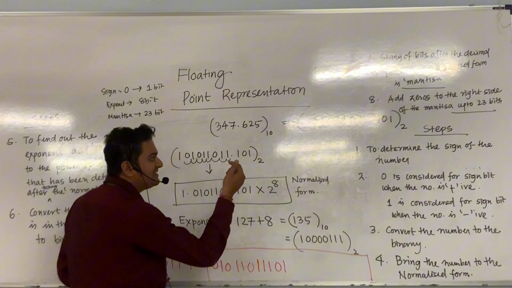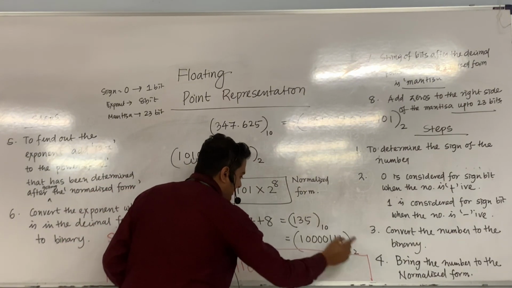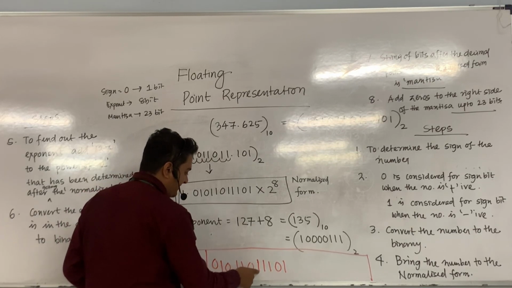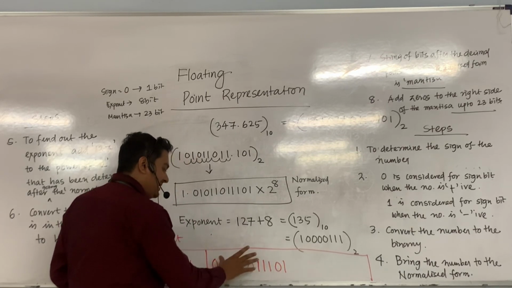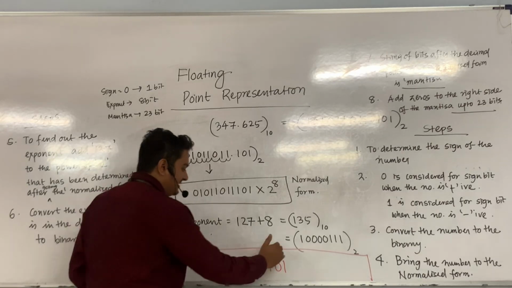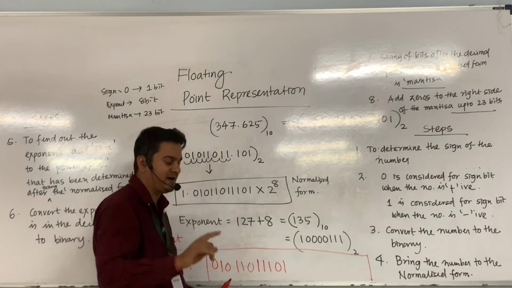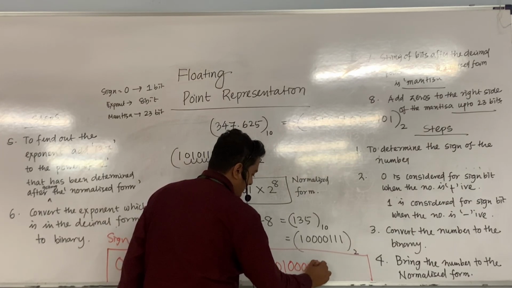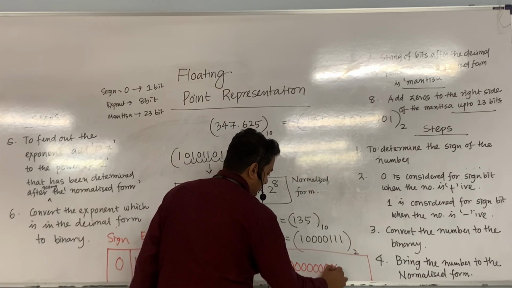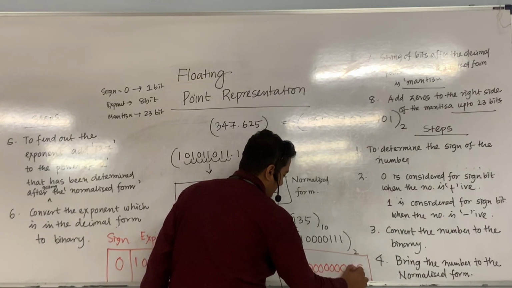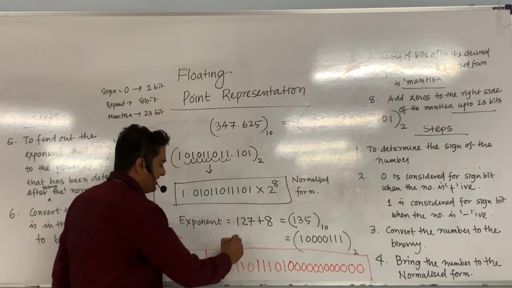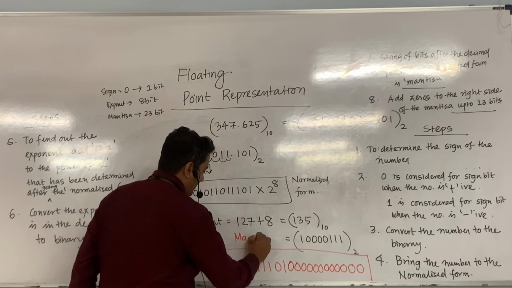We have to add zeros until it is 23 bits. 1, 2, 3, 4, 5, 6, 7, 8, 9, 10, 11. 11 bits we already have, so 12 zeros we have to add. 1 to 12. So 12 bits we have added, and finally we got the mantissa.